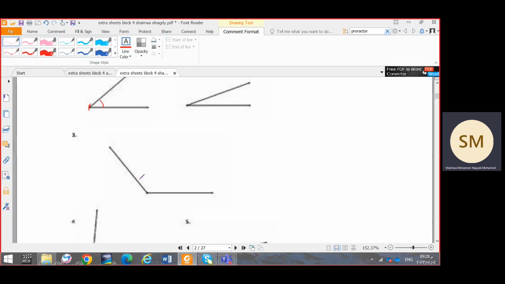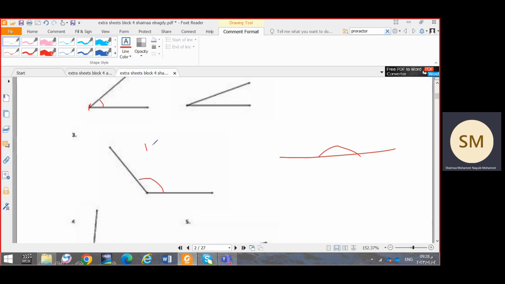What about this one? Before measuring, I will mention the type of the angle. It's obtuse. The obtuse angle is more than 90 degrees, but not a straight line. A straight line makes 180. If it's not a straight line, it won't take 180. It will take the numbers that are less than 180.